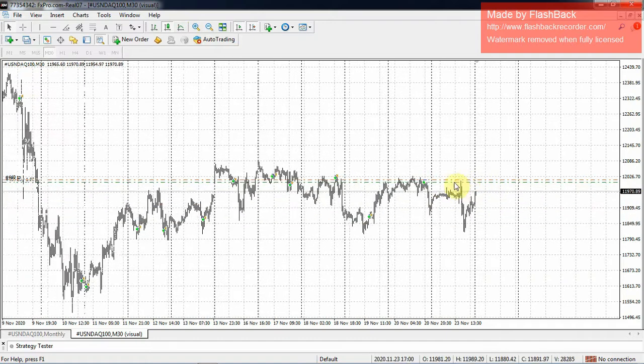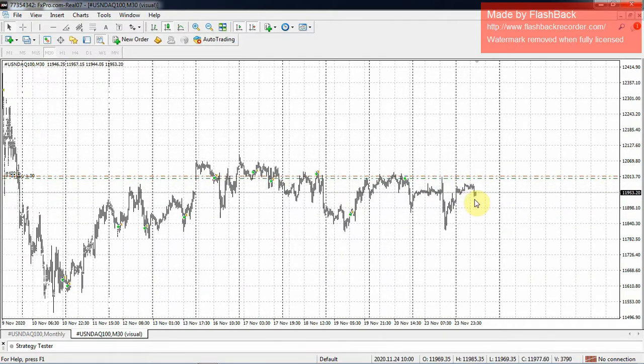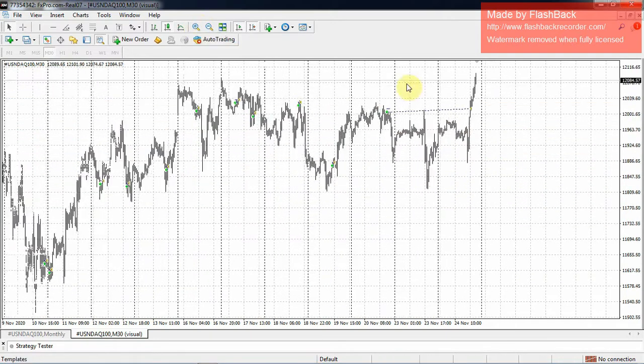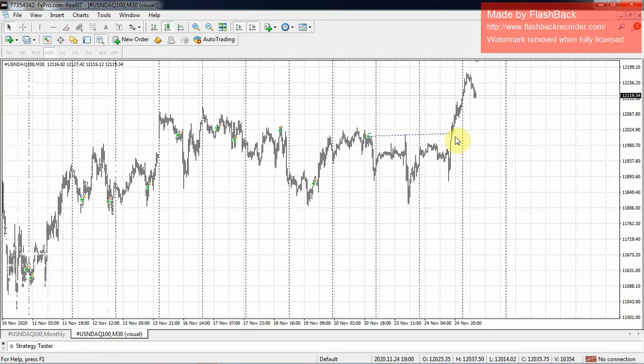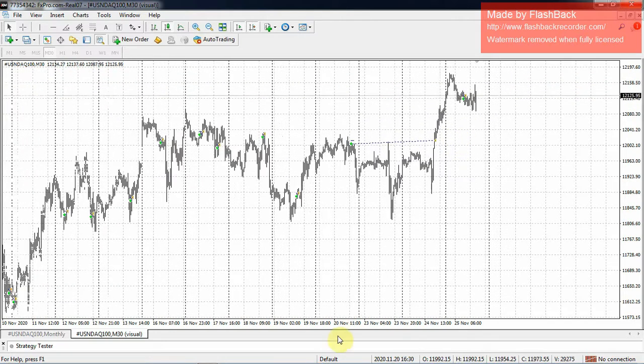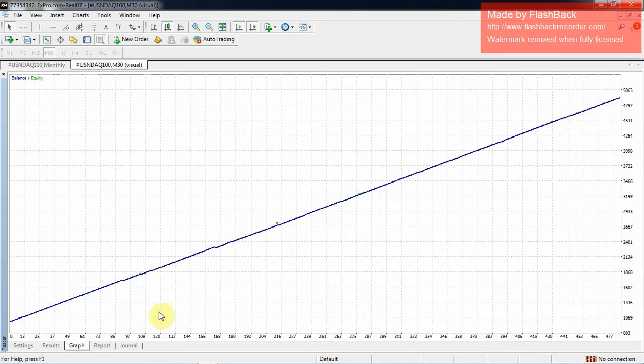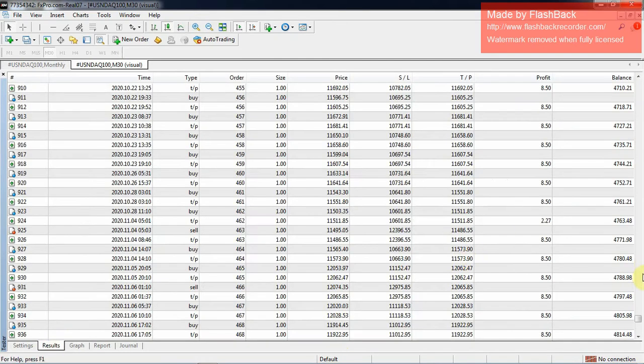We could have used a lot size of 5 or 6 if we wanted, but we're trying to reduce the risk, because this model used by the banks, we can't use it if we don't have unlimited capital, but we can simulate that unlimited capital model used by the big banks and the big hedge funds. We can simulate that model by reducing the lot size. That's why we started with a lot size of 1.